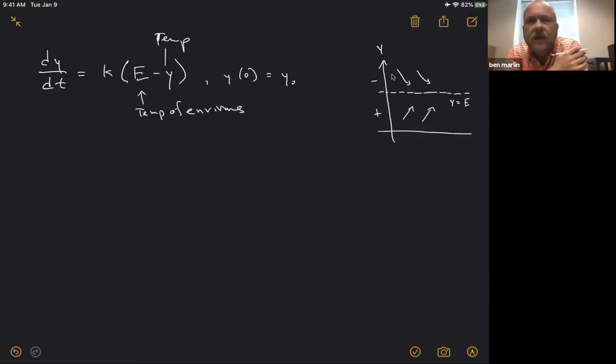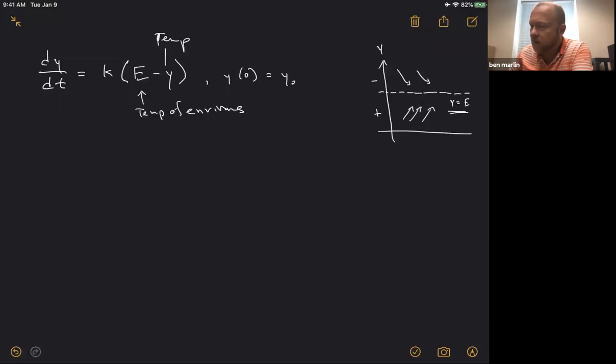And so if you have an object that is hotter than its environment, you expect for that object to cool down. And if it's cooler than its environment, you expect for it to heat up, okay? So I have a little graph over here to the right with just this sketch. If you put the line of y equals e here, and we think about that things heating up will come up from below, then that means that the derivative needs to be positive.